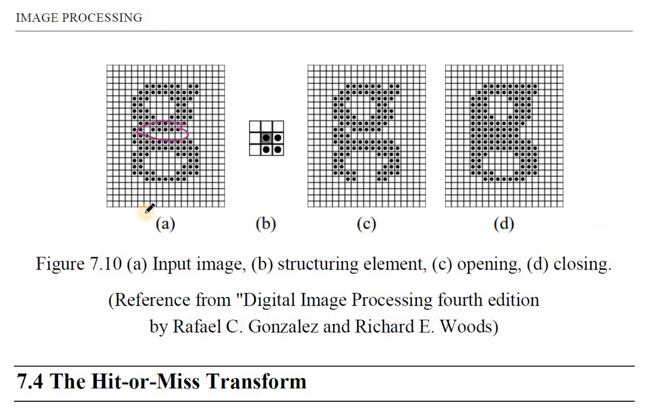This is another example where your input image is there, structuring element is there, okay, and opening operation is there and closing operation is there. Okay, you can see that whatever gap is there over here, that gap is closed in the closing operation.